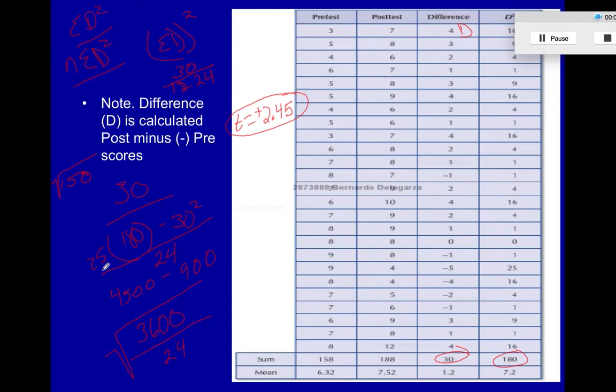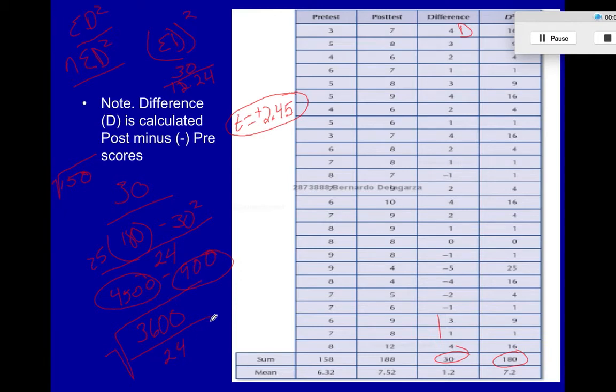Remember, my sample size was equal to 25, so 180 times 25 equals 4,500. Our second portion of our formula for our denominator requested that we take the sum of d and square that. So we took the sum of our d values, which was a value of 30, and now we square that value, giving me a value of 900. So 4,500 minus 900 gives me 3,600.